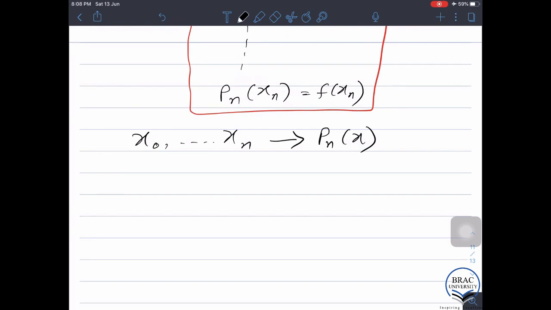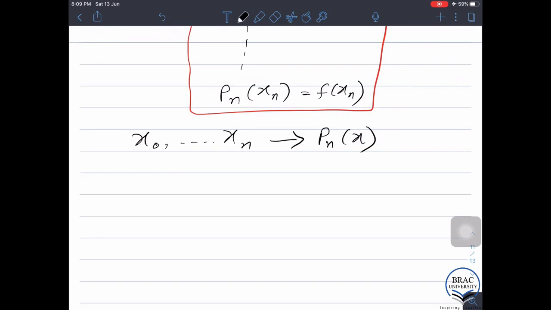If I am given 2 nodes, I can have 2 conditions and I can only calculate 2 coefficients, that means a0 and a1. That means I can get a straight line. If I am given more conditions, more nodes, then I can generate a higher degree polynomial. So it actually boils down to the number of nodes I'm given.